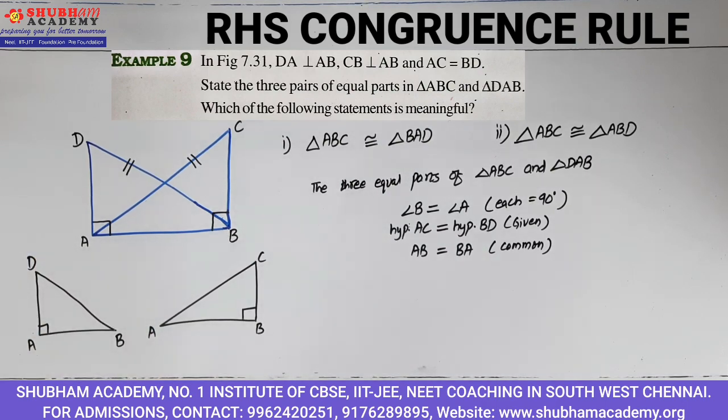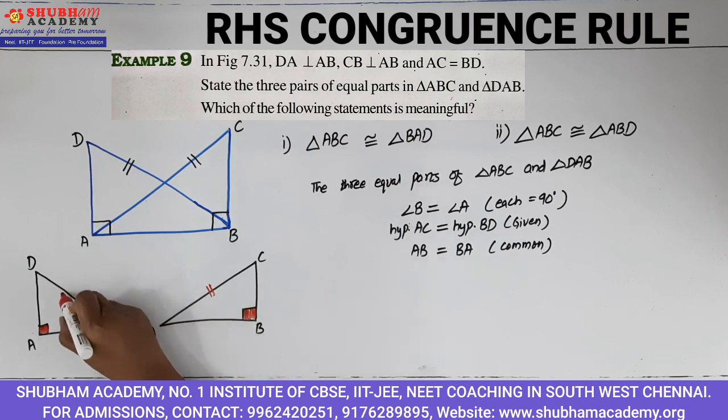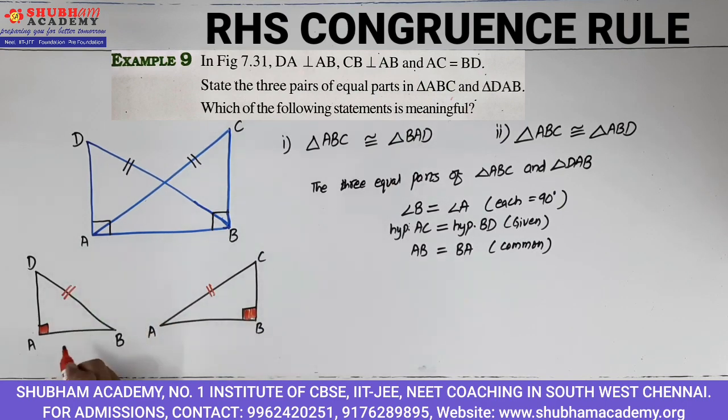Now what all things are given here? See here, children, angle A is 90 degrees and here angle B is 90 degrees. Also they have given that AC is equal to BD, and side AB is equal to BA, common in both.